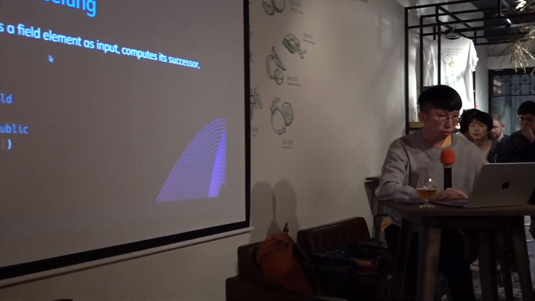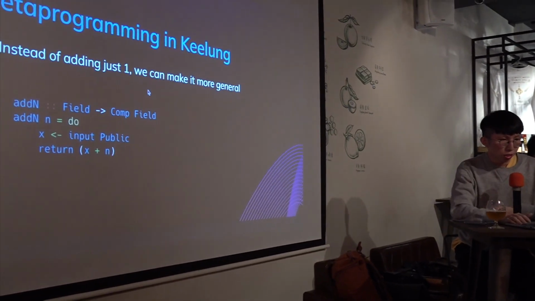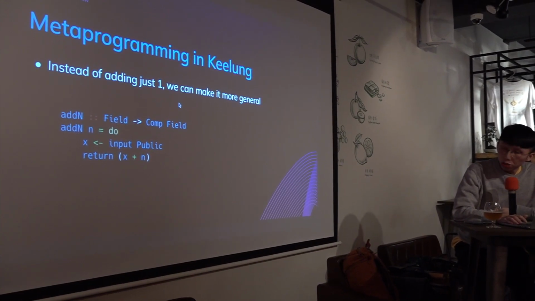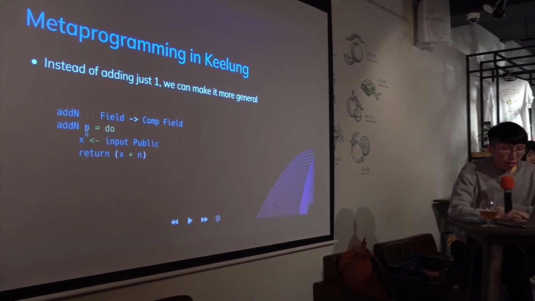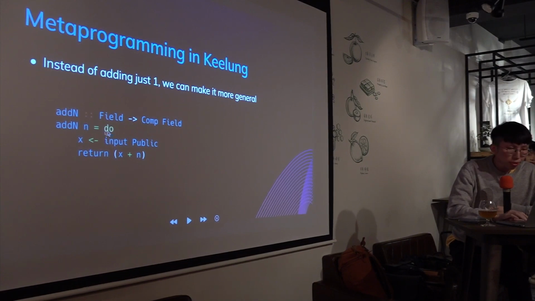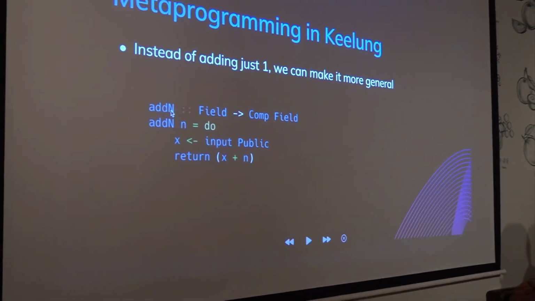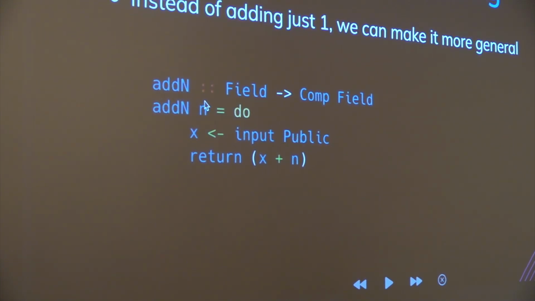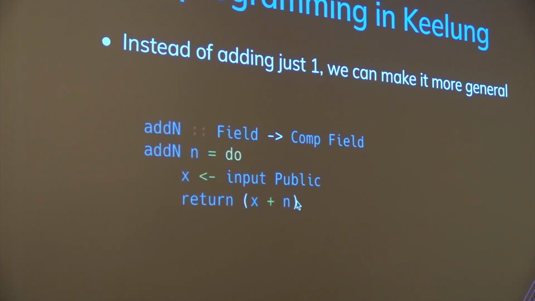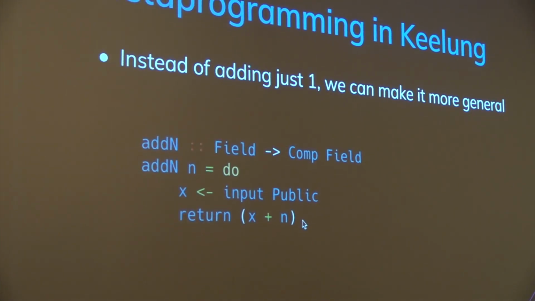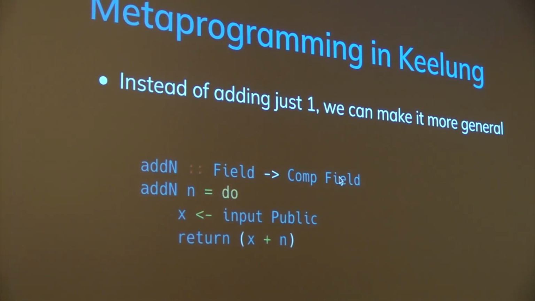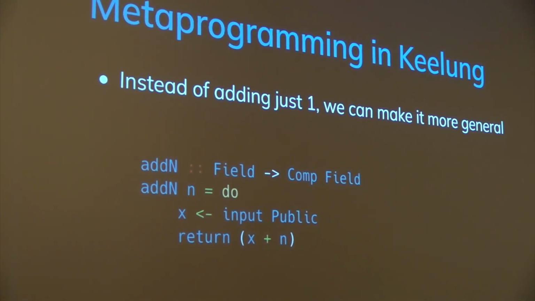Okay, let's move on to other examples. Instead of adding just one, we can make it more general by making it a Haskell function. In this case, add n takes an input and a field element n, and then adds it to the input. What we're looking at is actually not a Keelung function because there's no such thing as a function in Keelung.